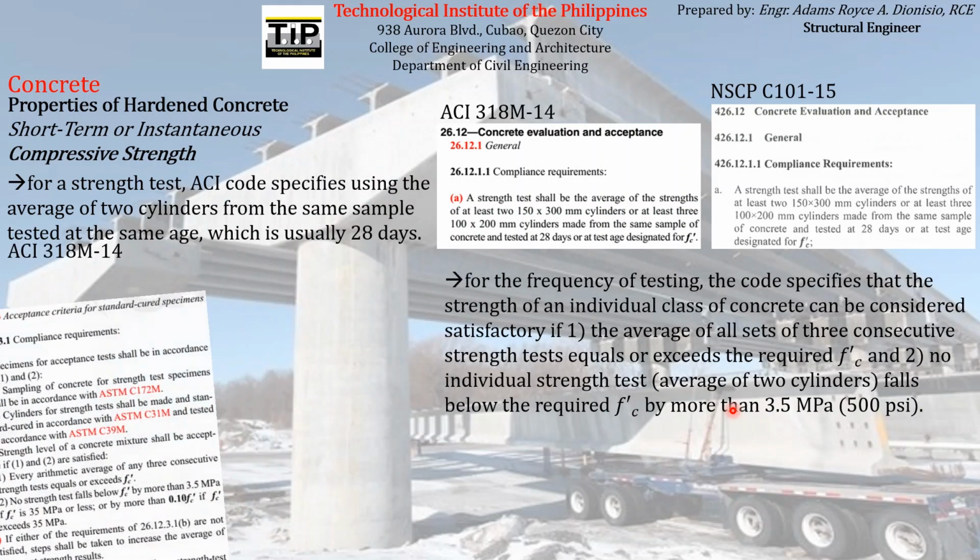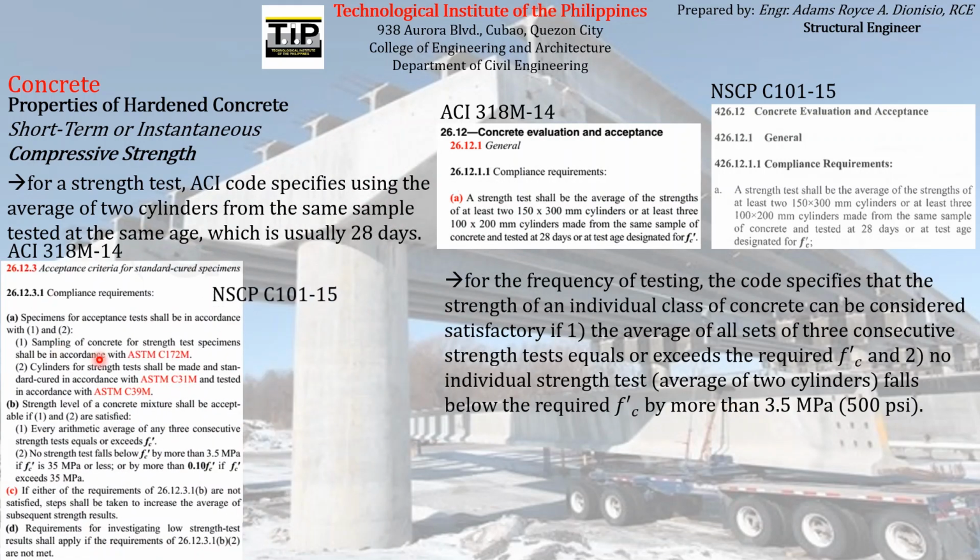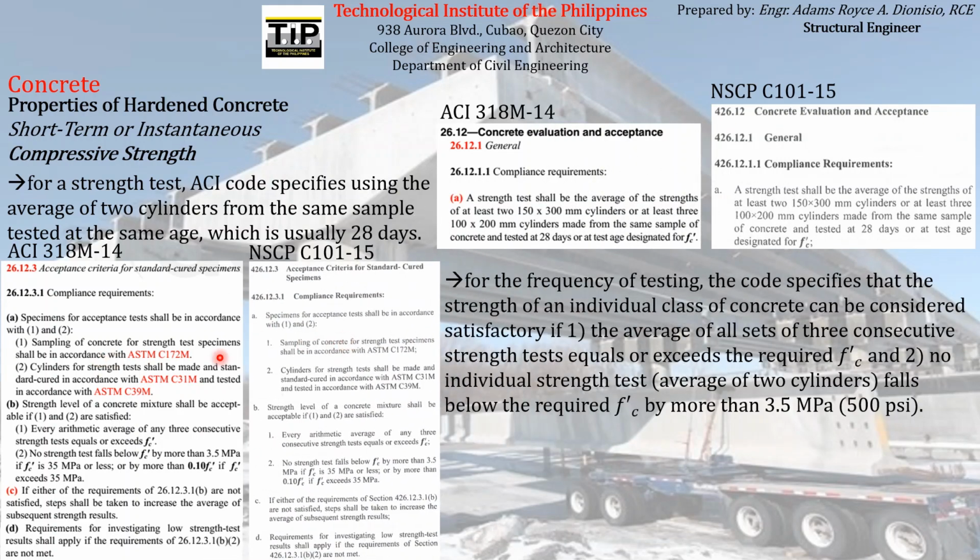So you can refer to the ACI code or our local code NSCP for you to be able to know if the strength that you have measured in a particular strength test at a particular test age is already acceptable. Actually, you can refer to section 426.12.3.1 letter B. It is specified there how you can tell whether the concrete mixture that you are testing is already acceptable or not.